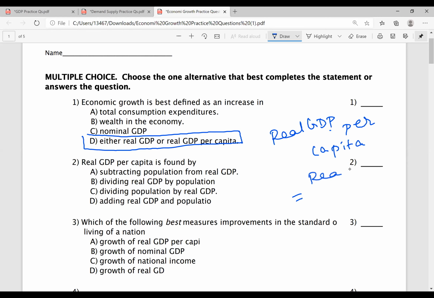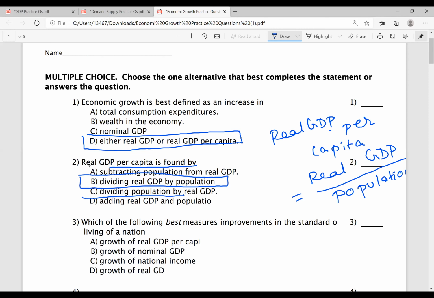This is defined as real GDP over population. Real GDP per capita is found by dividing real GDP by population.